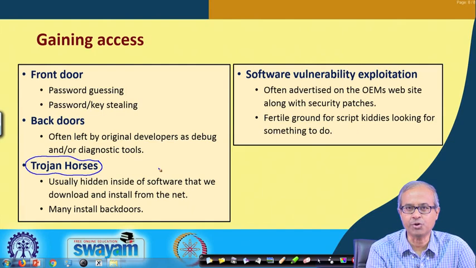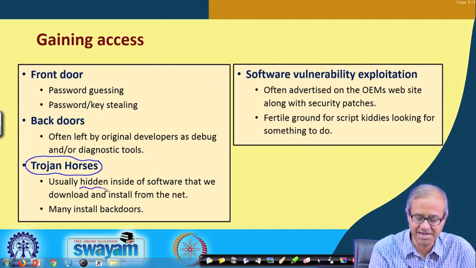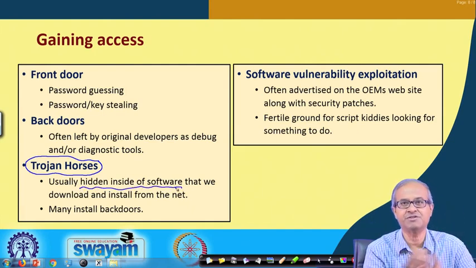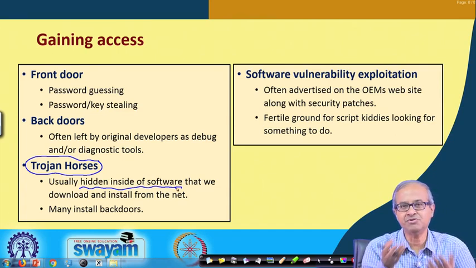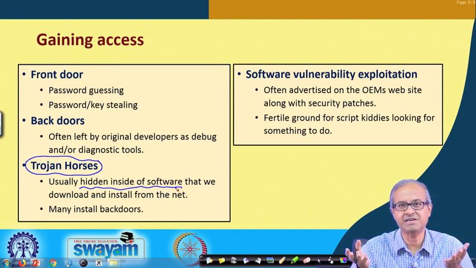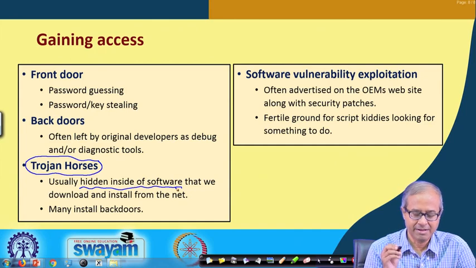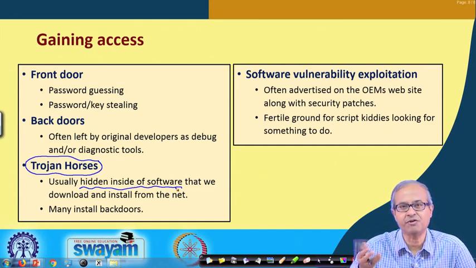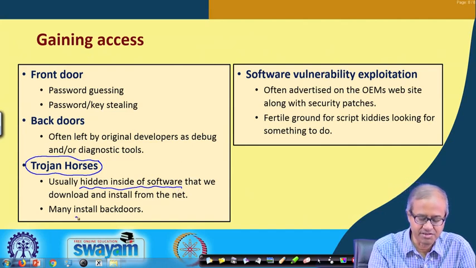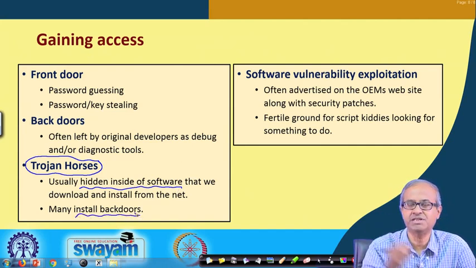It is a software code that is hidden inside a larger software. As a user, you are not even aware that such a Trojan is there inside the software. Now, what happens? Sometimes that Trojan software can start running and can do a lot of malicious things in your system. For example, it can install some backdoors through which other persons or other packets can gain entry into your system.